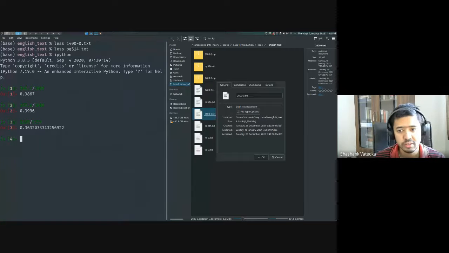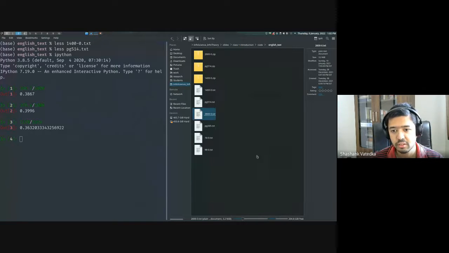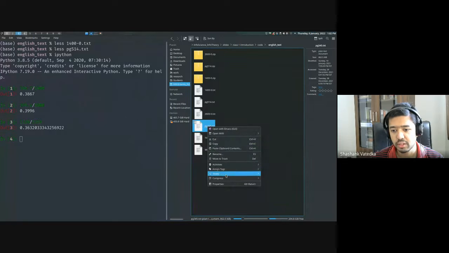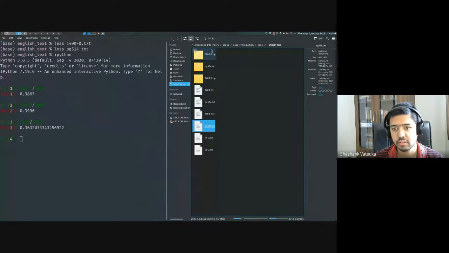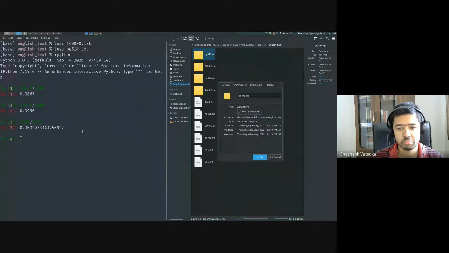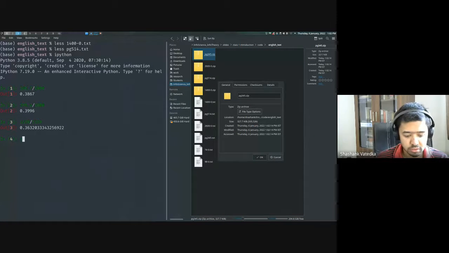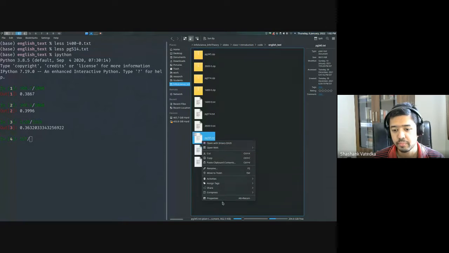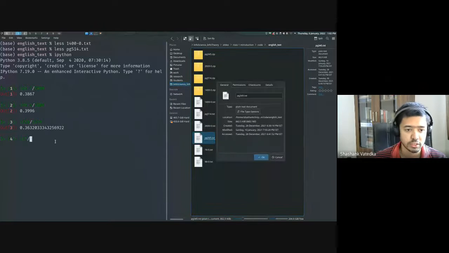It's 0.36. Okay. Similarly, I go on. This is 862 kilobytes. I compress. So 327 by 862.